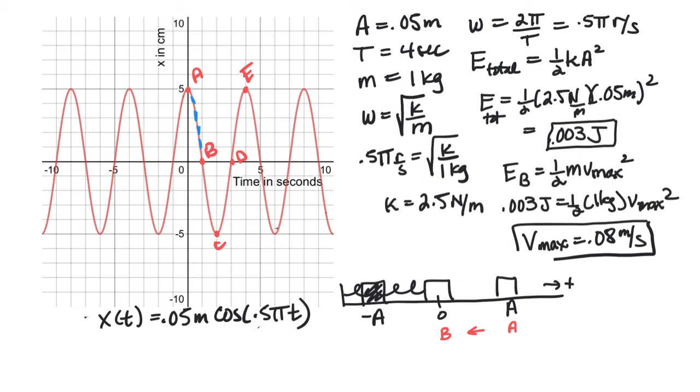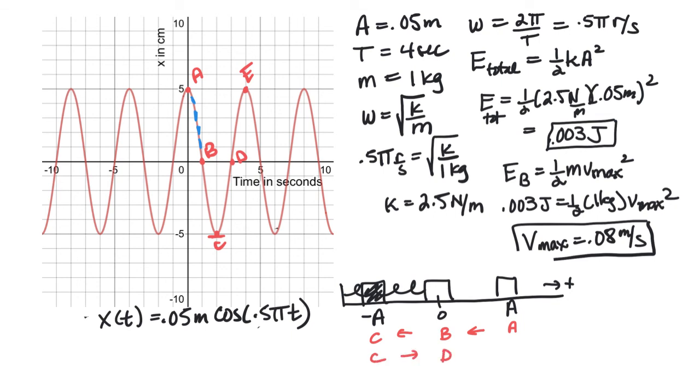As I pass through point B, I then continue to move in the negative direction until I get to the maximum compression point C, where I stop again, which you can see by noting that the velocity is 0 at that point. Then I begin to move back towards point D, which is again passing through x equals 0.